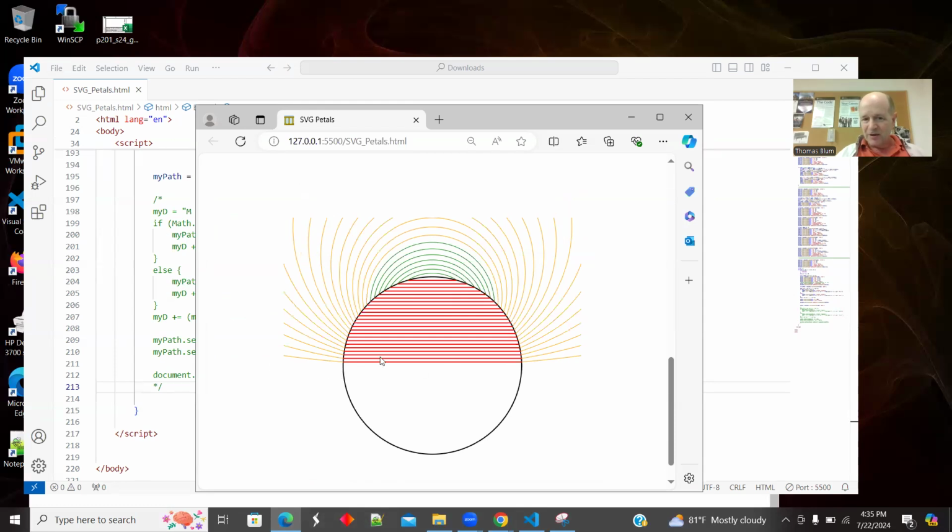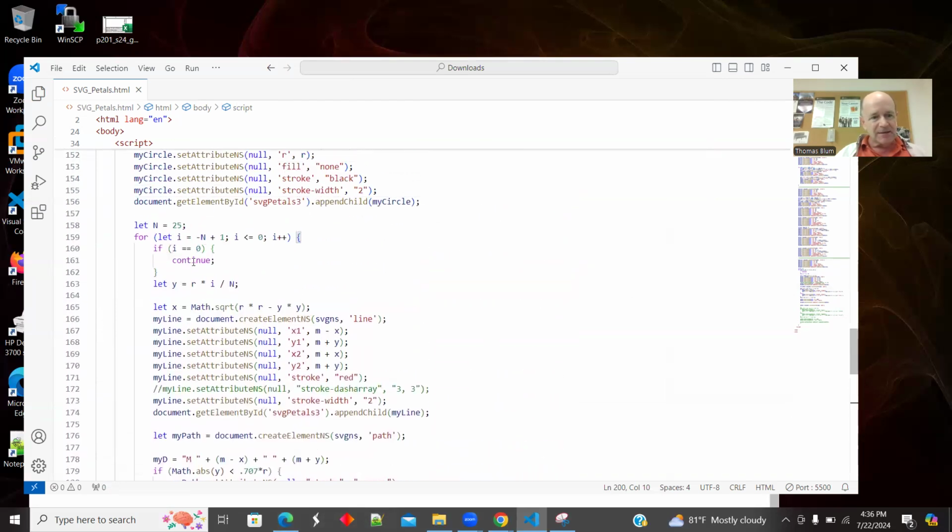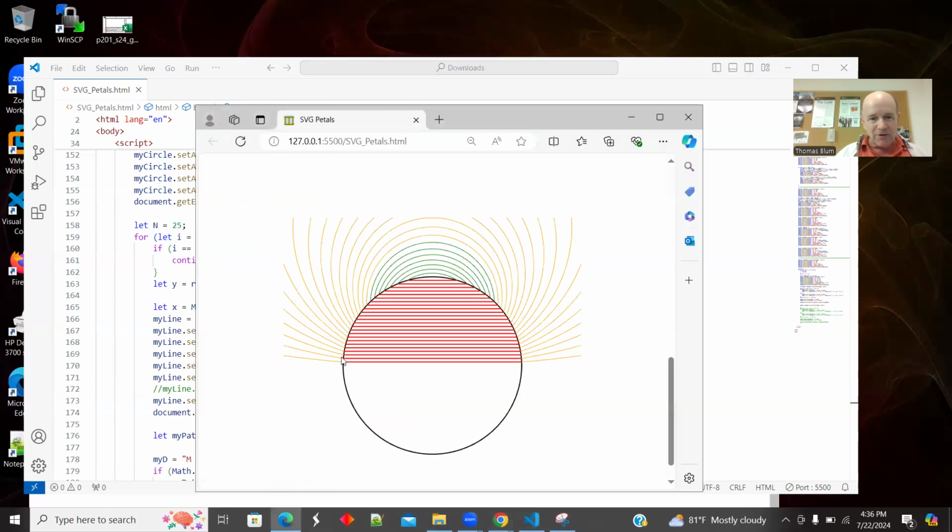These are chords. I don't quite have the equator here. I just have a sequence of lines. Right now, I'm showing you, I guess it's 25. I'm making a sequence of lines where I'm changing the y. So I divided the radius up into sort of lines of latitude, if you will.